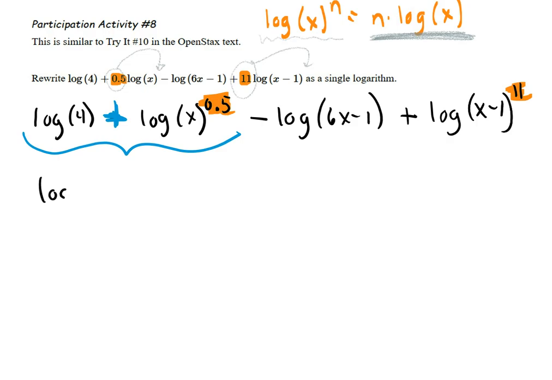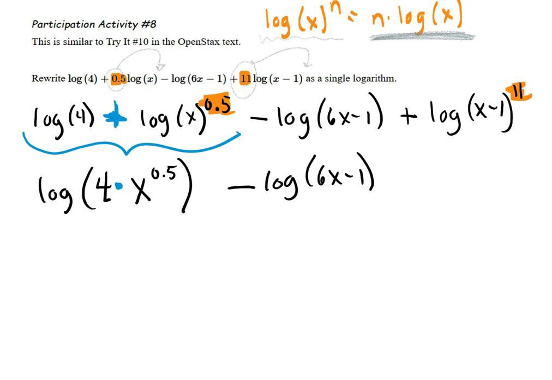So this will be log of 4 times, I'll put the dot in there for now, but I won't put it later, and then the x to the 0.5, and then you still have minus log of 6x minus 1 plus log of x minus 1 to the 11.